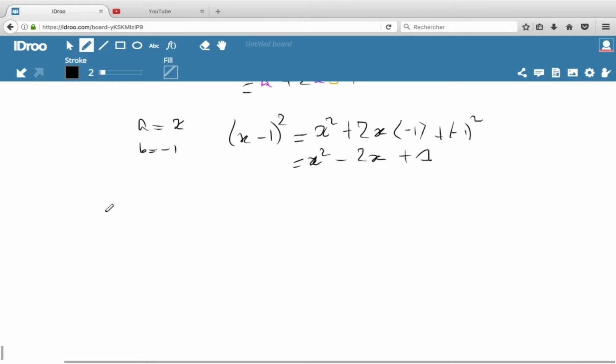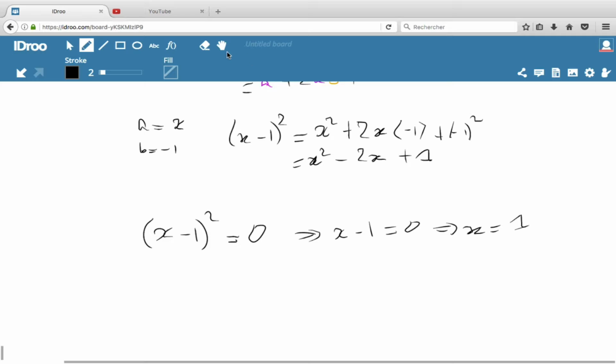So, what's the interesting part of this? The interesting part of this is when you've got x minus 1 to the square equals 0, you're good. You can easily solve this kind of problem. You can say that, okay, if the square is equal to 0, that means without the square it's equal to 0, so that means x equals 1.